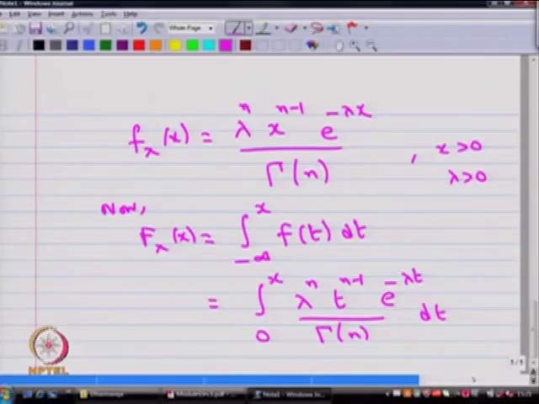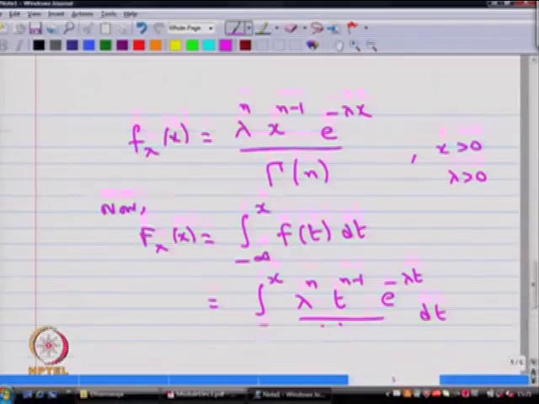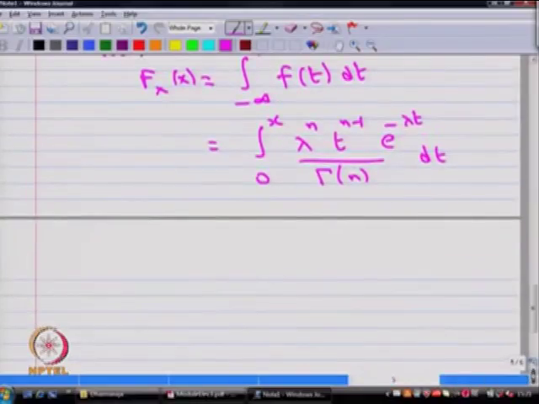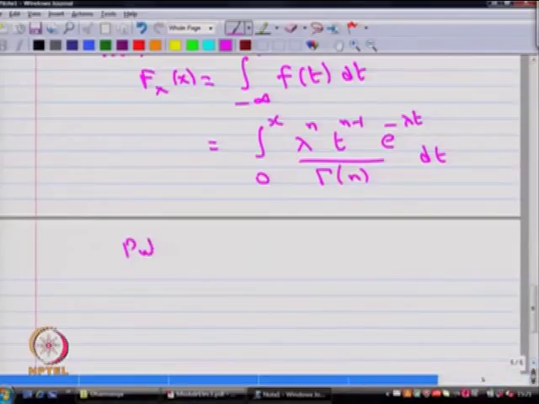So, now we have to integrate this one and get the expression for the CDF of the random variable X. What we can do is make a substitution: lambda times t, you make it as some mu.